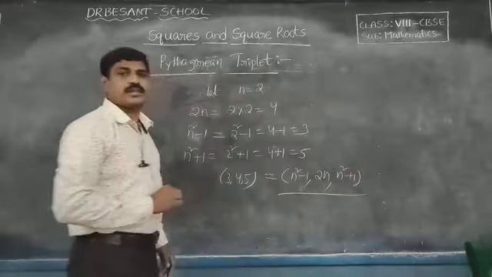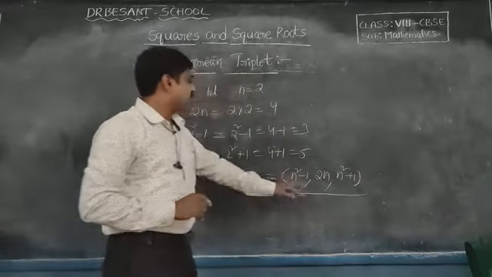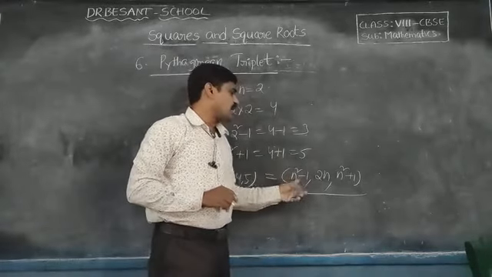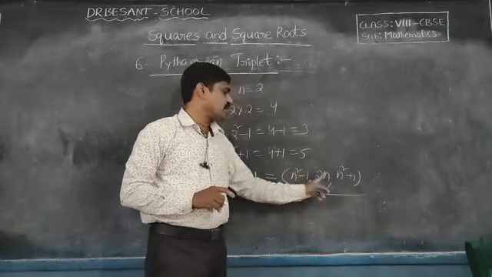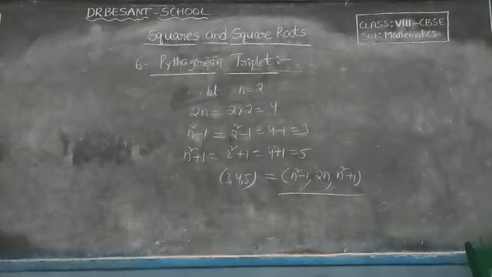So this is our n square minus 1. So this is the formula. It follows the Pythagorean triplet: n square minus 1, 2n, n square plus 1. So this is Pythagorean triplet. But for any positive integer n, it should be greater than 1.